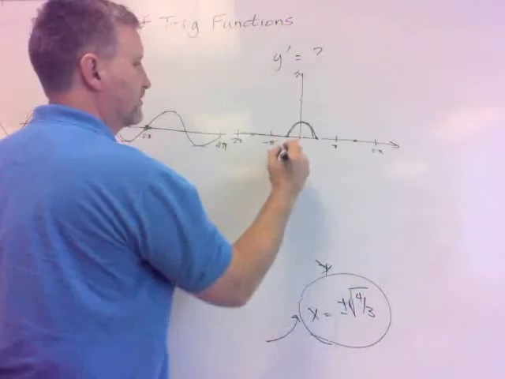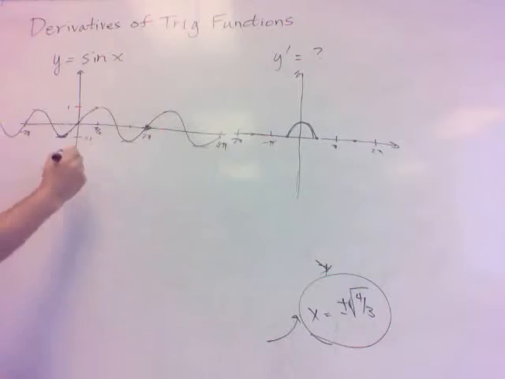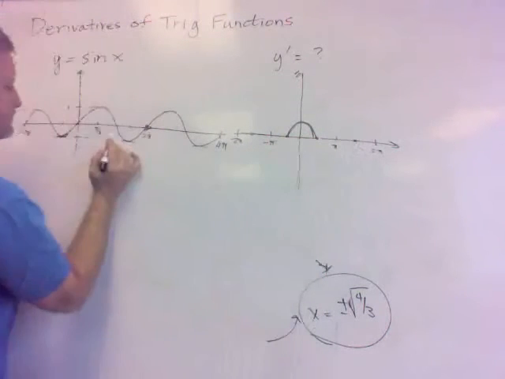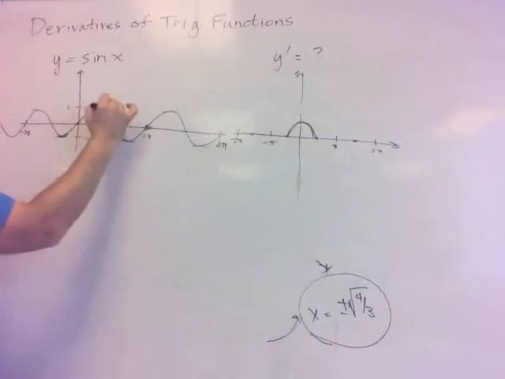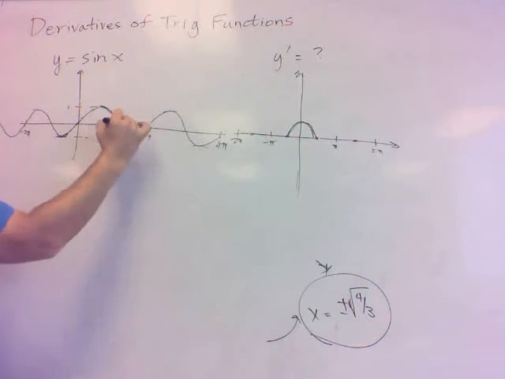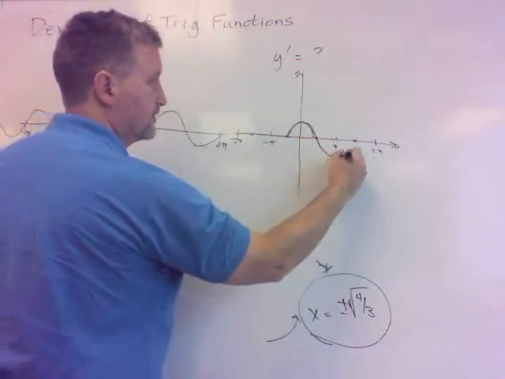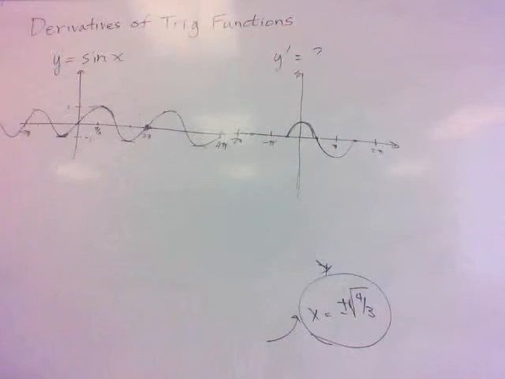Okay? With me there? Then, when I go from this peak to this peak, or from this 0 to that 0, aren't we talking negative slopes? So negative derivatives, so below the x-axis over here. It starts small negative, gets a little bigger, and then it turns around and goes back smaller.